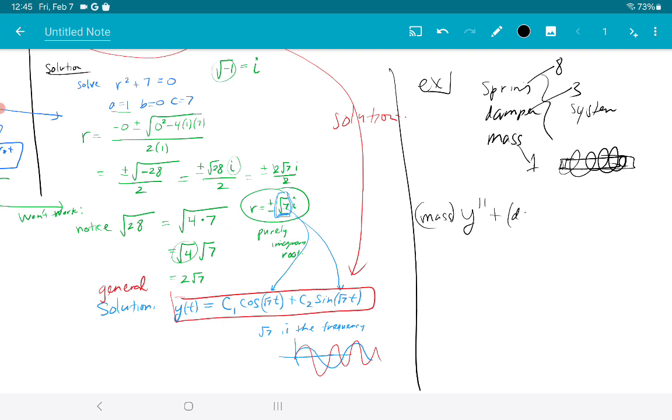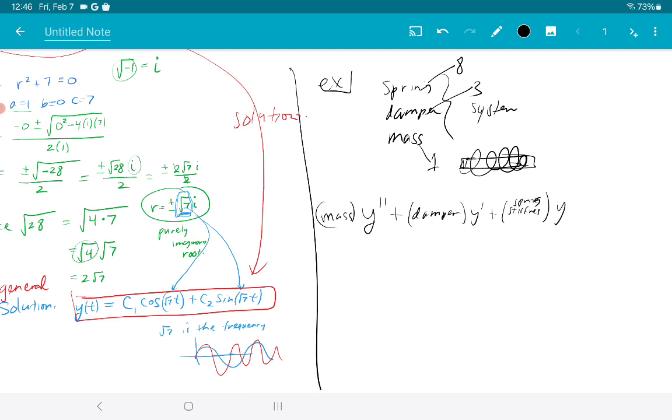Plus the damping, the damper, or friction, that's also sometimes just a result of friction, times the velocity, and then the spring stiffness, some people call that the spring constant, times y equals 0.